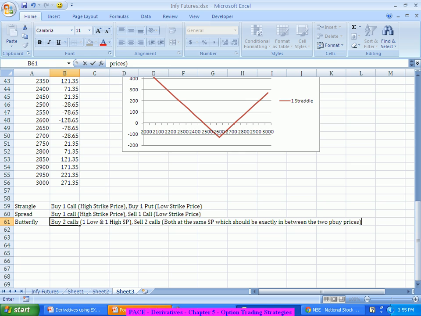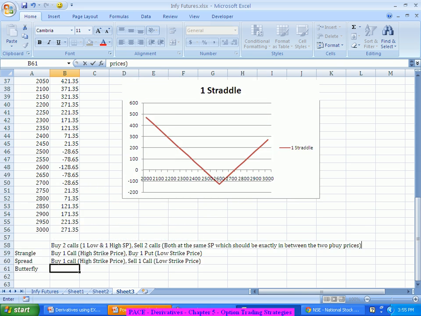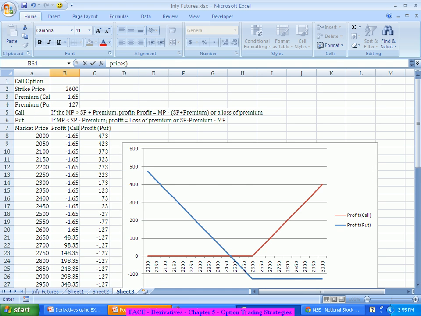So there are four things that we are doing here: buying two calls and selling two calls. But all of them are different in strike prices. At least there are three different strike prices. The first and the third, and the middle one should be exactly in the middle between the two. It's like this.